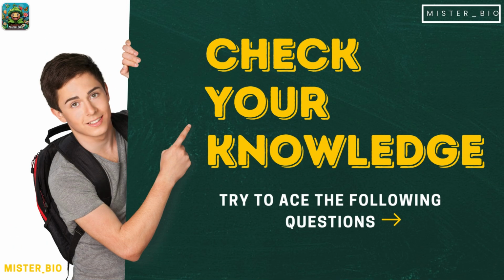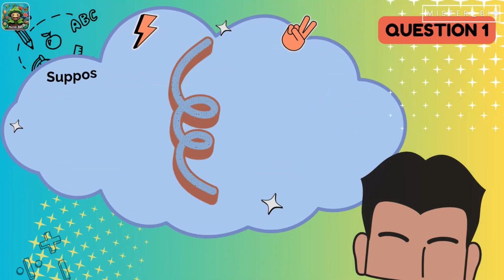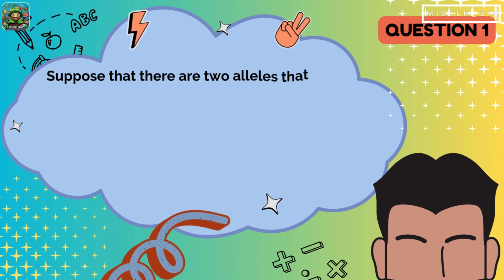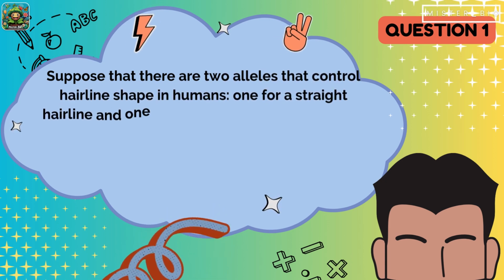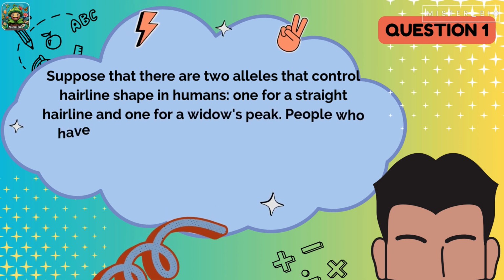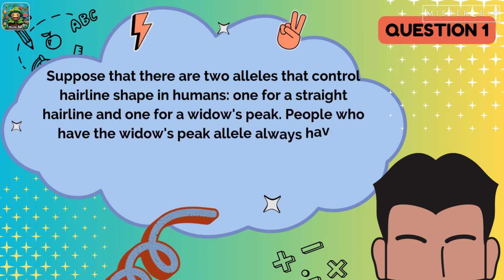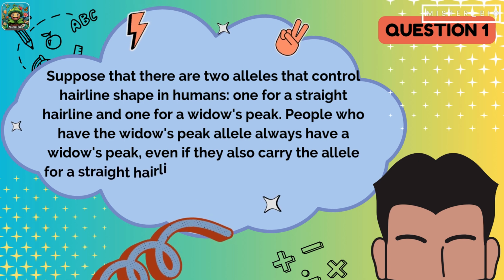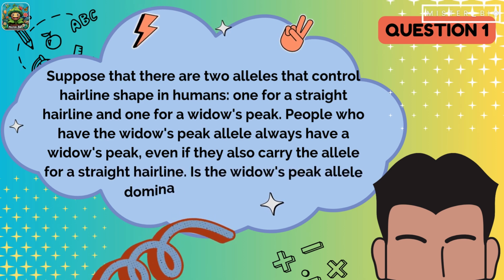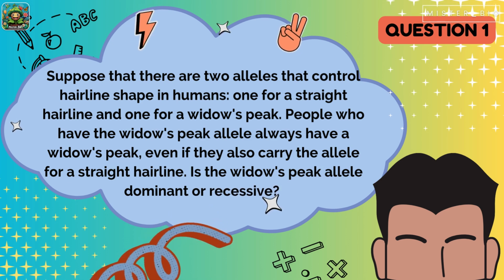Okay, and for our next activity, we're going to check your knowledge of the monohybrid test cross and concepts. So try to ace the following questions. First question, suppose there are two alleles that control hairline shape in humans, one for a straight hairline and one for a widow's peak. People who have the widow's peak allele always have a widow's peak, even if they also carry the allele for a straight hairline.